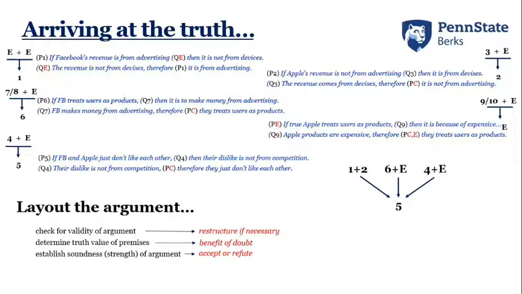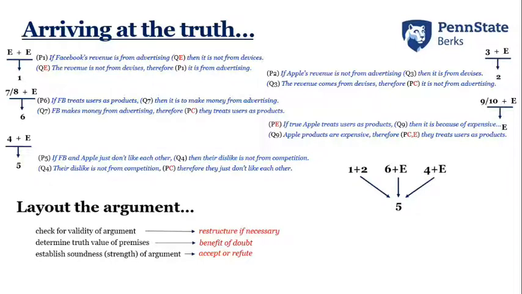And also with conclusions 6 and E, right? If Facebook treats users as products, and then Apple treats users as products, I saw those things as coming together, but independent from where they got their revenue from. But still part of the overall argument, right? And then finally, the fact that they just simply don't like each other.